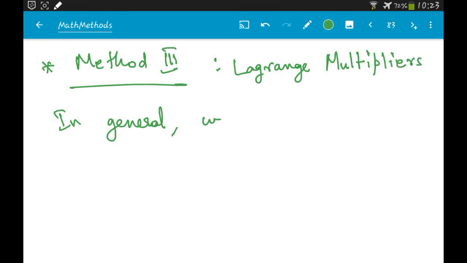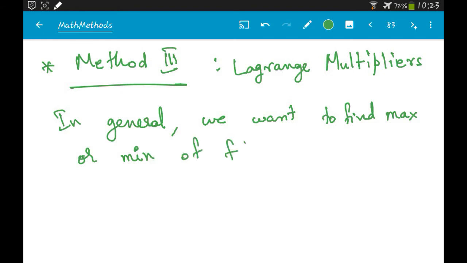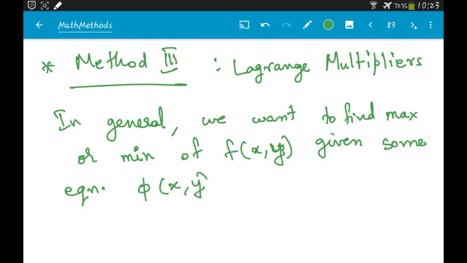So in general, we want to find maxima or minima of f of x comma y given some constraint. The constraint is represented as an equation: given some equation, phi of x comma y is a constant.